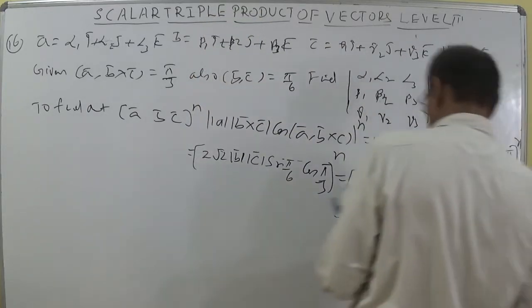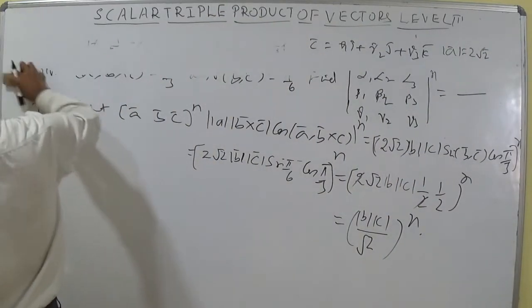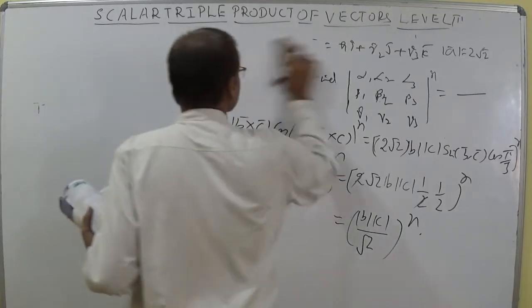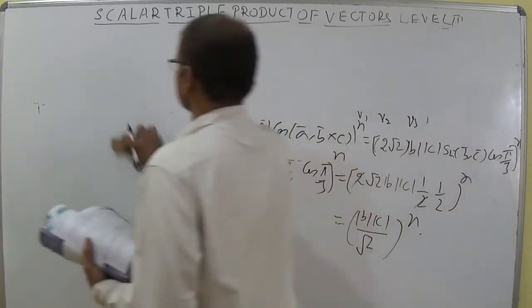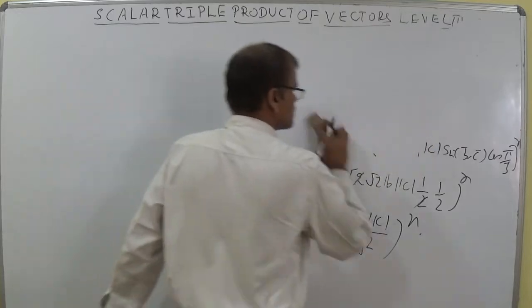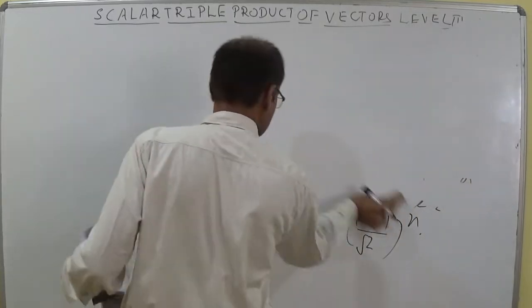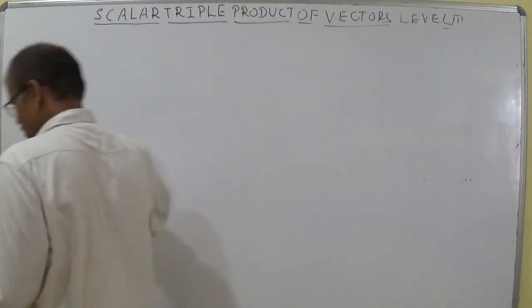16 completed, 17th question. A bar is equal to I plus J plus K. The vectors A, B, C here, 3 vectors here.